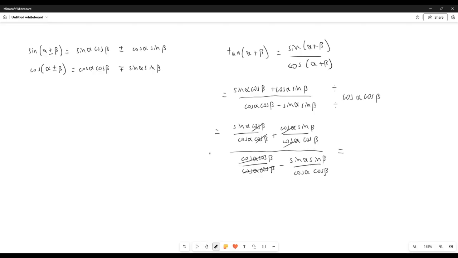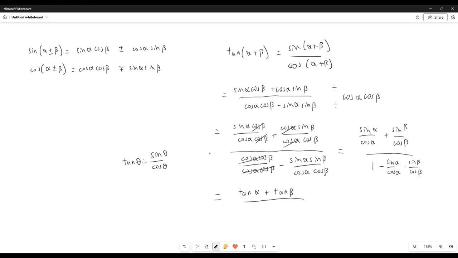Thus, write each expression in terms of sine over cosine. Then, use the identity tan x equals sine x over cos x to rewrite this expression. Therefore, we have tangent of alpha plus beta equals tan alpha plus tan beta over 1 minus tan alpha tan beta.